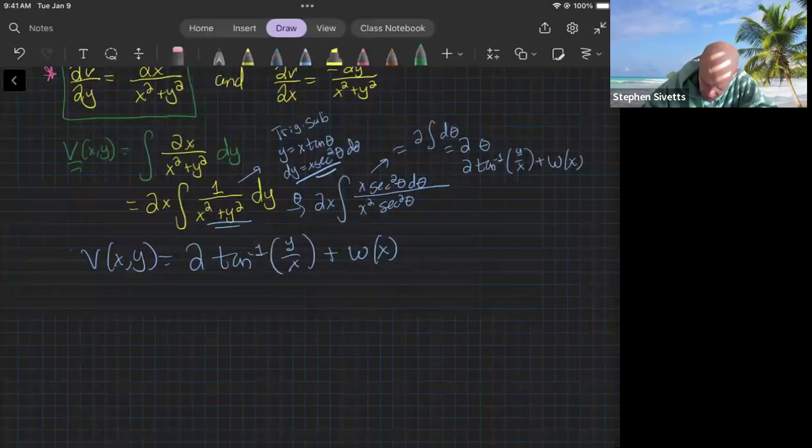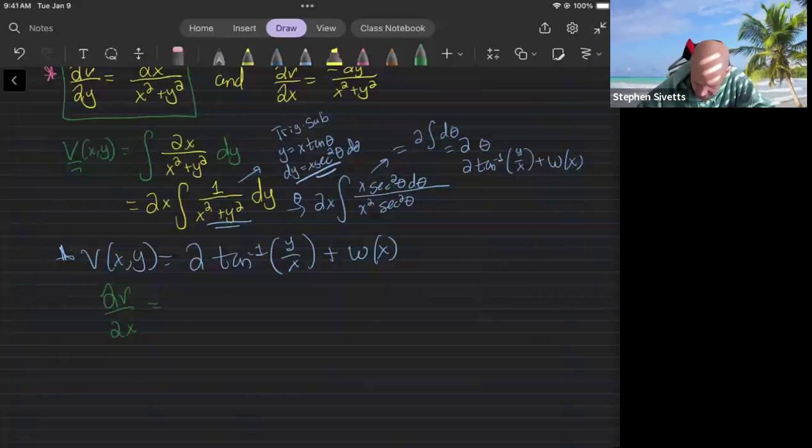Then from this point, we want to take the partial of v with respect to x. So that will simplify things a little bit nicer. Regardless, we're going to have to use the chain rule here.